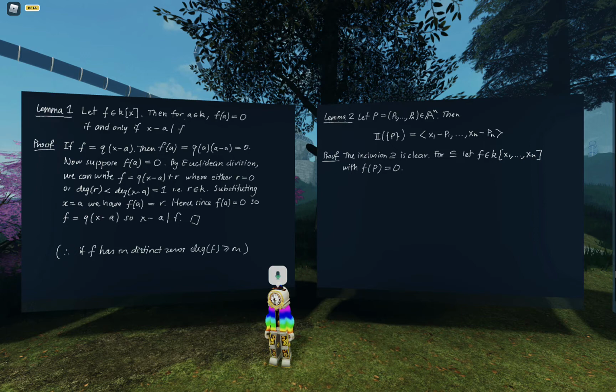So clearly, following the strategy of the previous lemma, we should just kind of divide those polynomials into f, except, first of all, there's more than one of them, and secondly, they're in more than one variable. But we've seen an example already of doing this, essentially, right? We can just divide the first polynomial, x1 minus p1, into f, pretending the rest of the variables are just kind of like numbers. And then when we're finished with that, we can divide by the second one, and so on. And that, in fact, will work.